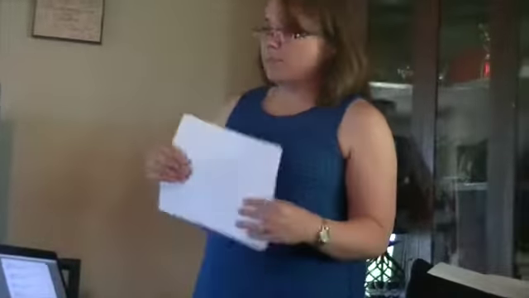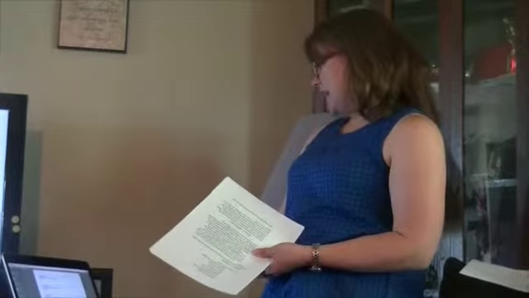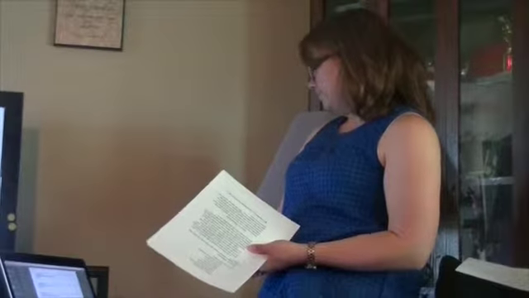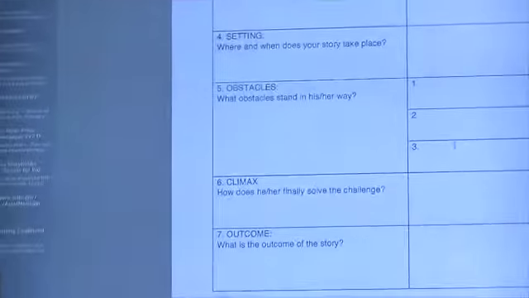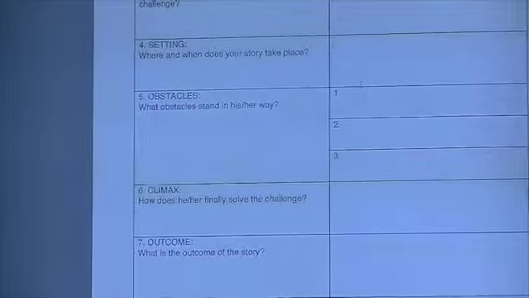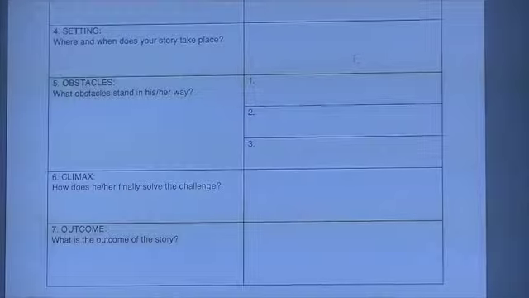So if you are telling a story that takes place 100 years ago, you're going to want to describe the clothes and the things that were going on at the time, so that your readers can understand the important things about your setting that help tell the story. Once again, I'll get ideas from my students about setting, and we'll fill that in this box.